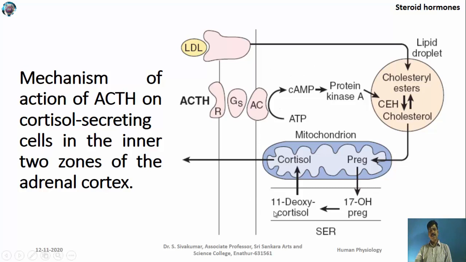For example, the conversion of different steroid hormones is controlled by protein kinase A. This protein kinase A is again controlled by ACTH. This ACTH is produced from the brain, so the production of these steroid hormones is kept in control.